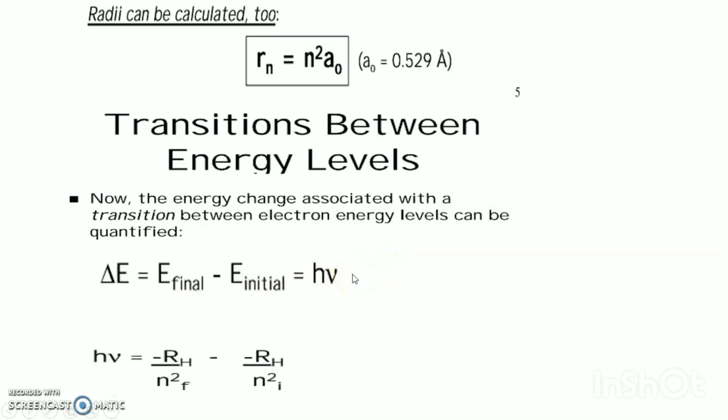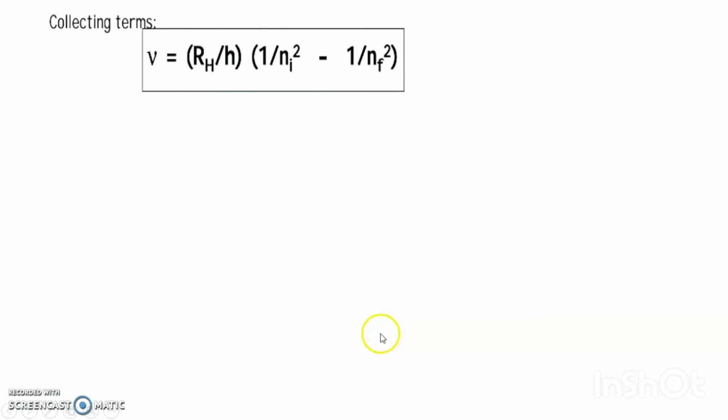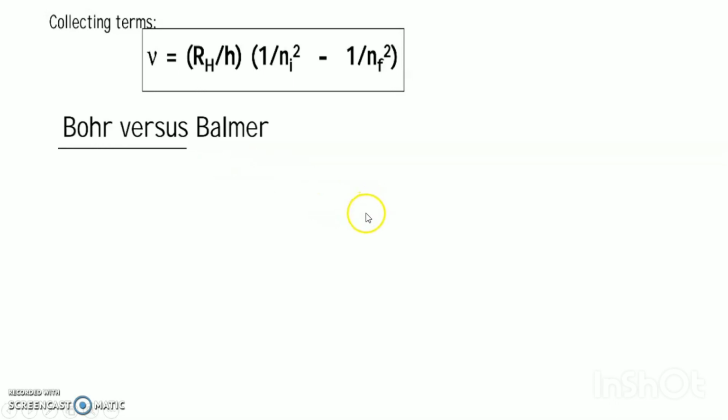And h nu is equal to minus RH divided by nf squared minus, minus RH divided by ni squared, where ni means initial and nf means final. Collecting terms, RH divided by h, into 1 by ni squared minus 1 by nf squared, is equal to nu.